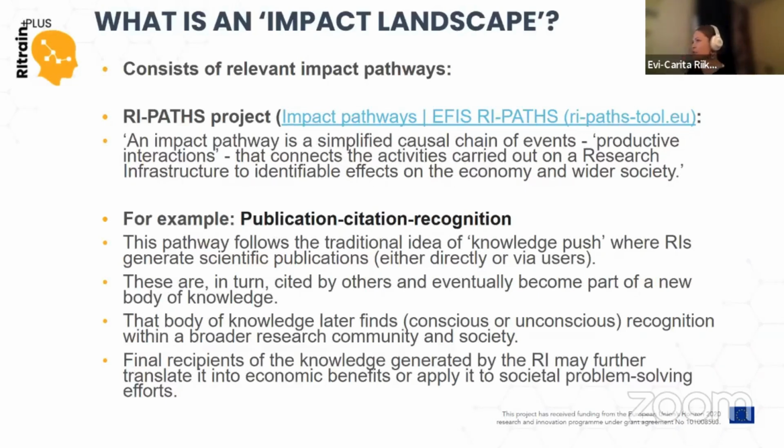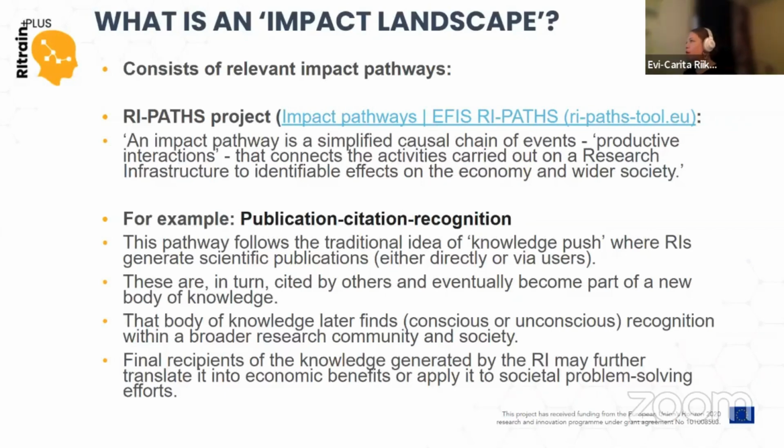So the RI Paths project has defined, I think, 13 different impact pathways, and they have defined the pathway as a simplified causal chain of events, as productive interactions that connect activities carried out on a research infrastructure to identifiable effects on the economy and wider society. So it's a chain of events. It's also sometimes been called a value chain.